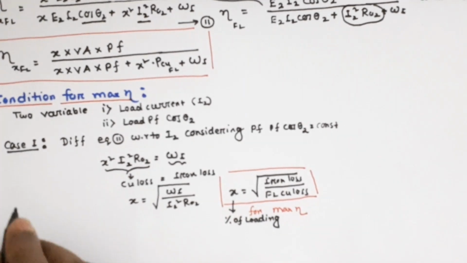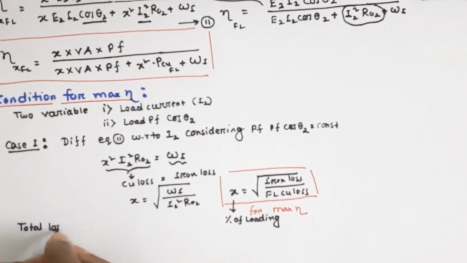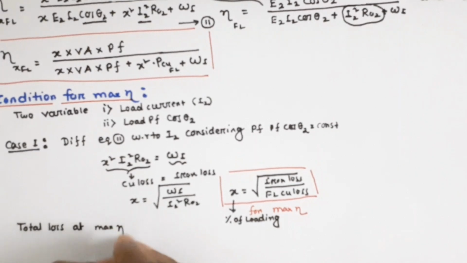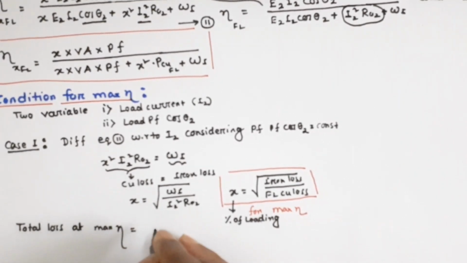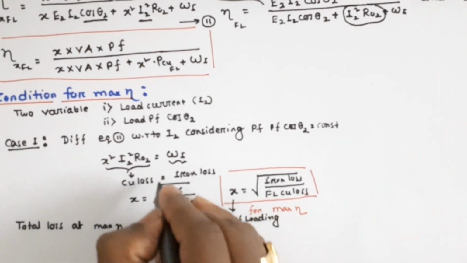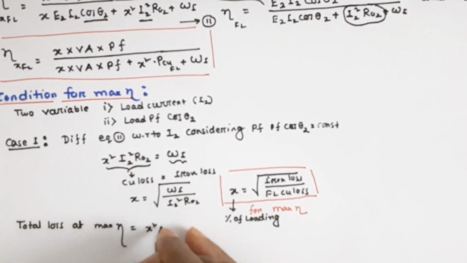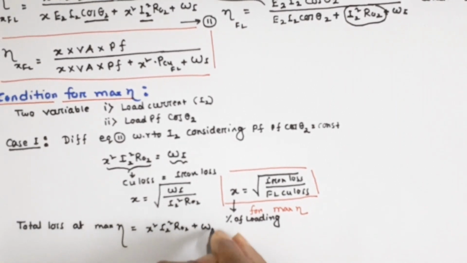The total loss at maximum efficiency is given by copper loss, this is the copper loss, x square I2 square R02, plus iron loss.